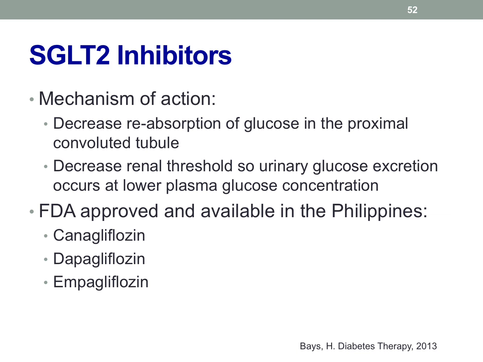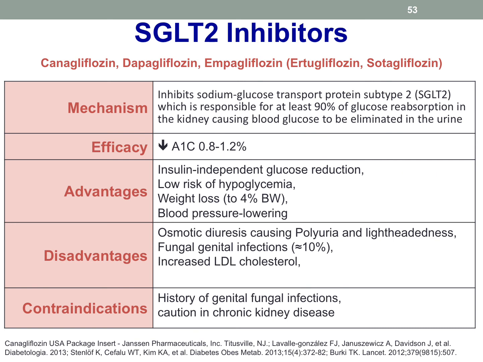So can you imagine what will be the side effect or the adverse drug reaction of this drug? What would happen if glucose is actually exiting through our urine? Remember that glucose is a good substrate for bacteria or fungi to grow, no? And that's why you can develop some fungal genital infections.